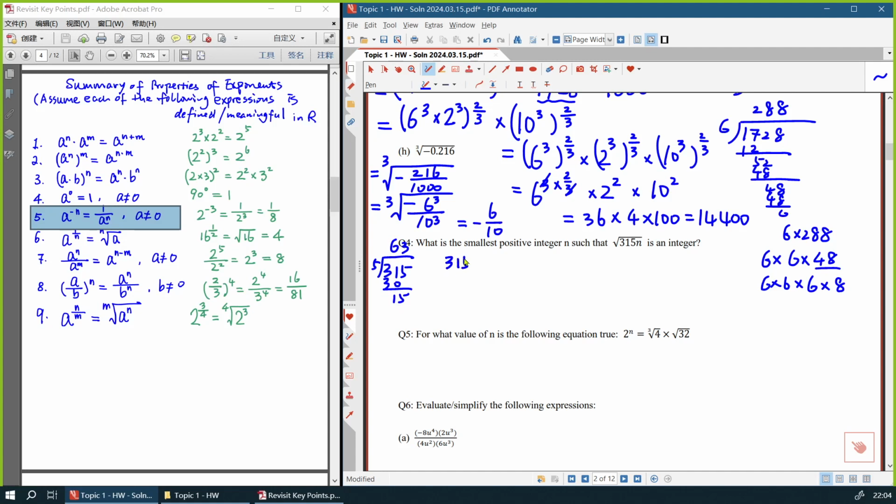So 315 is actually 5 by 63, and 63 is 7 by 9, right? 9 is already a perfect square, but 5 and 7 are not. So in order for 315 to be a perfect square, we need to come up with a perfect square.